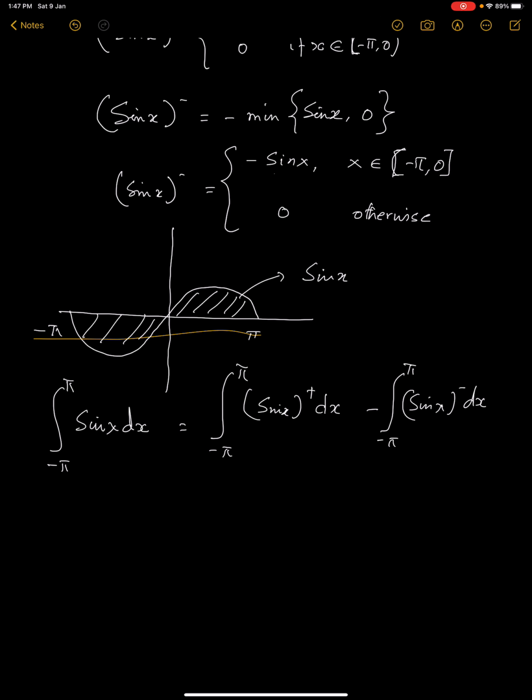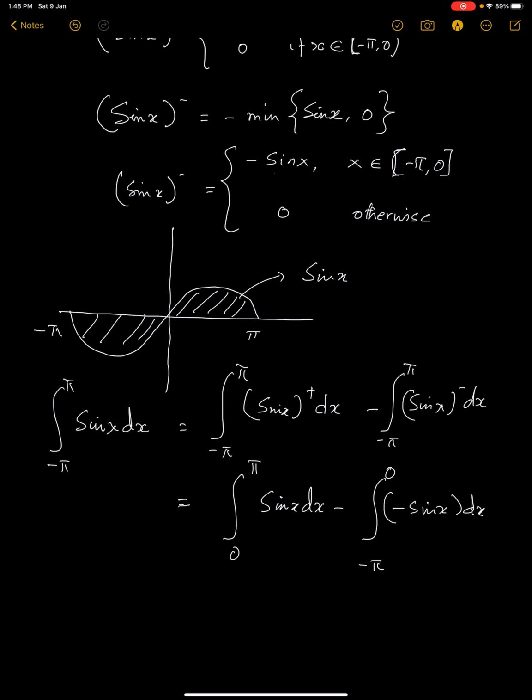And this can now be written as follows. So this can be written as the integral from 0 to pi of sine x dx minus the integral from minus pi to 0 of minus sine x dx, because this is how we are using the definitions here.